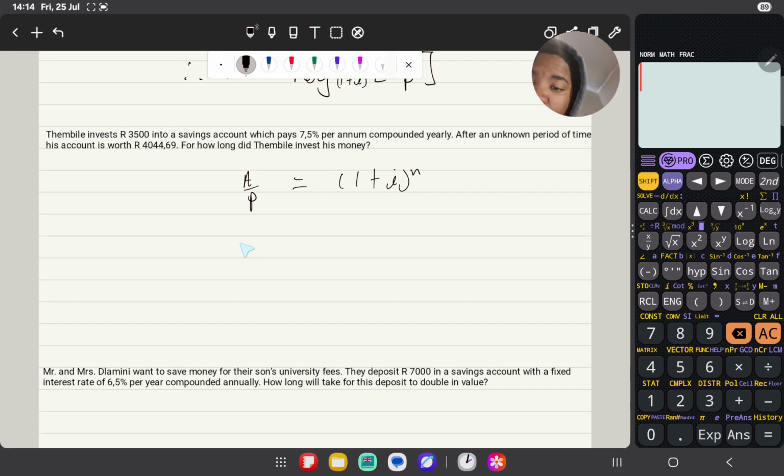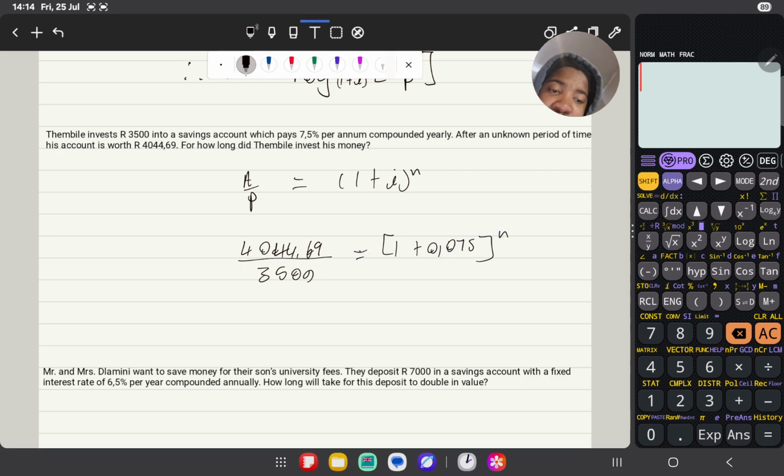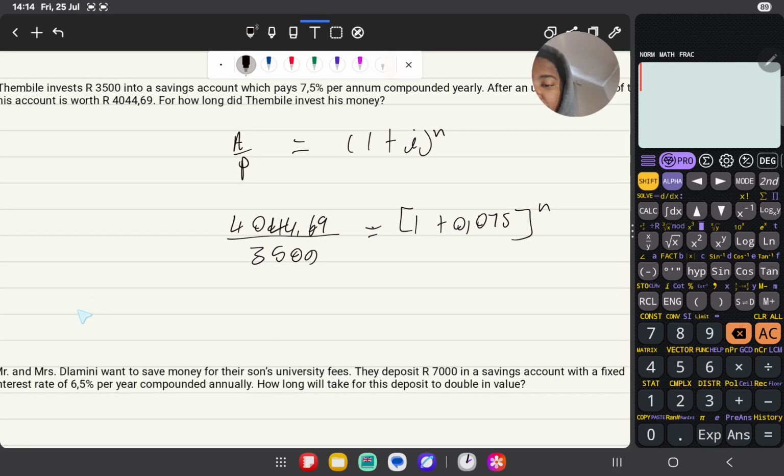Then the next thing you do is substitution. So you have 4,044.69, and then your 3,500, and 1 plus 0.075, and then you have your unknown n. Therefore n is going to be log of what?